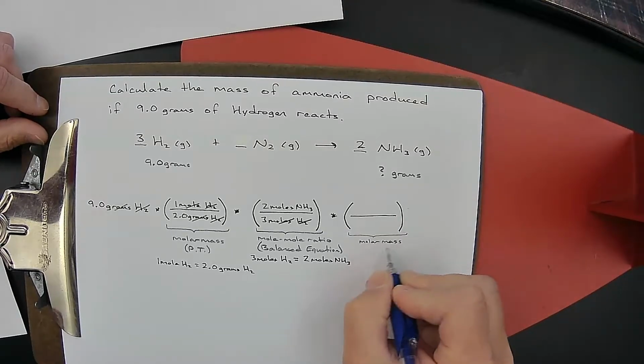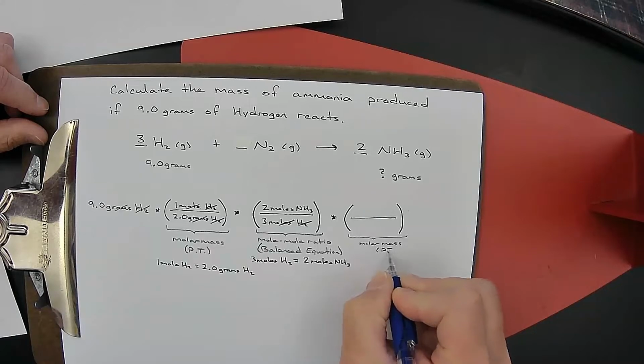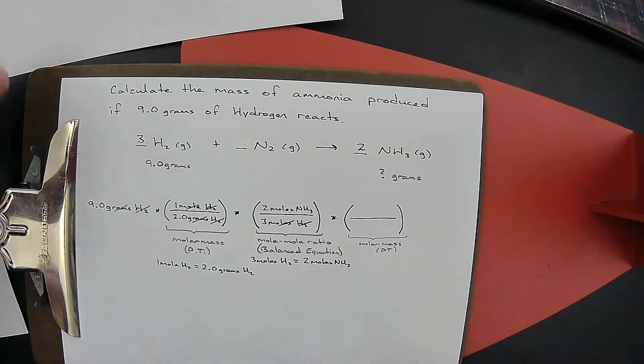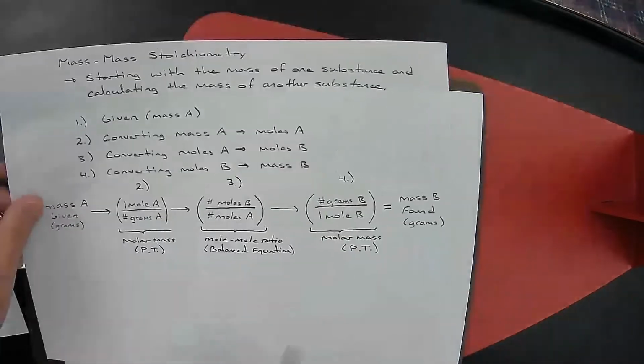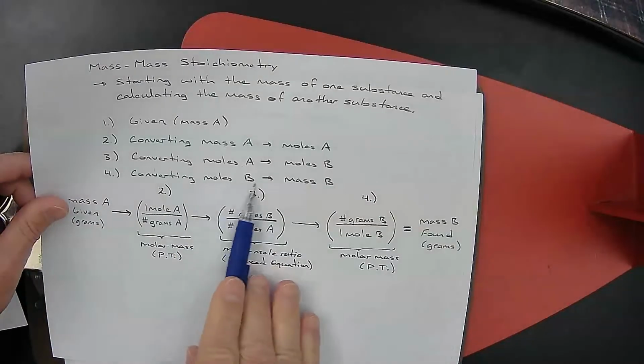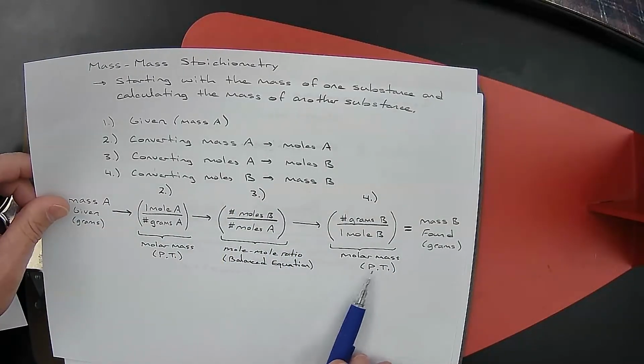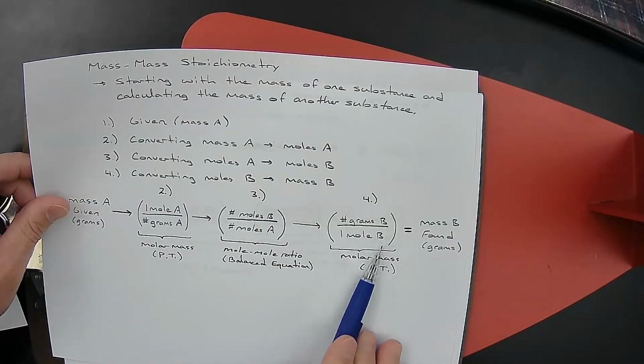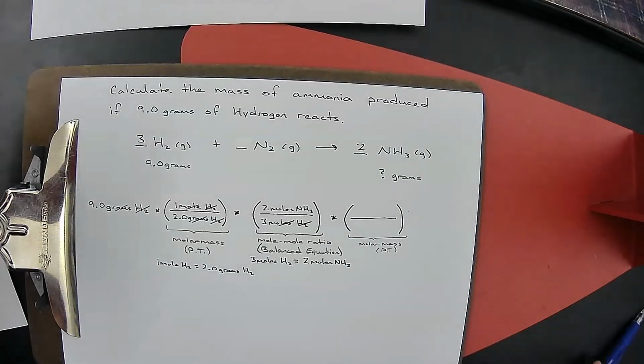The molar mass, we look at the periodic table. But this time, it's the molar mass of substance B. And that comes from the periodic table.